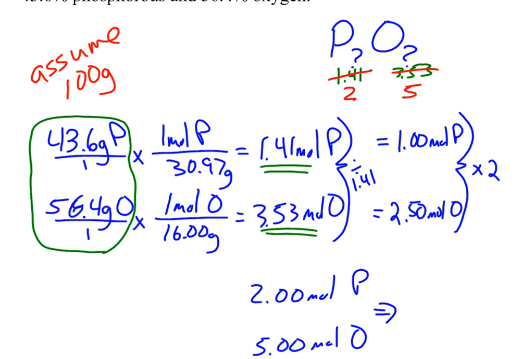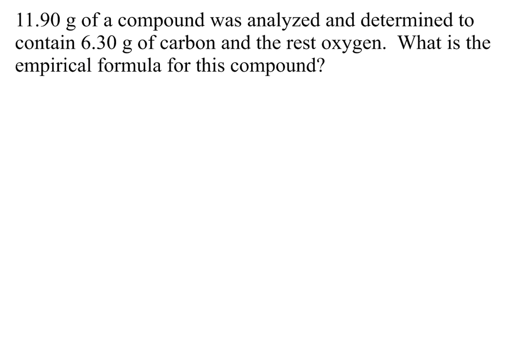We'll do one more here. In this situation, we're told that we have 11.90 grams of a compound, and we're analyzing that to determine the empirical formula. We know that of the 11.9 grams, 6.3 grams is carbon, and the rest is oxygen. It wants us to figure out, again, the empirical formula. So we know that the compound contains carbon and oxygen, right?